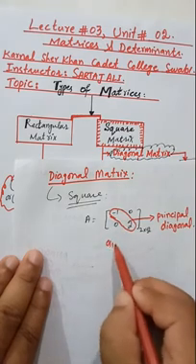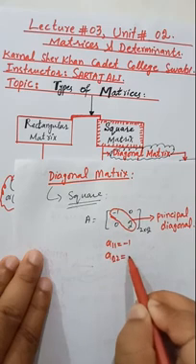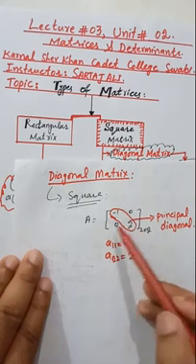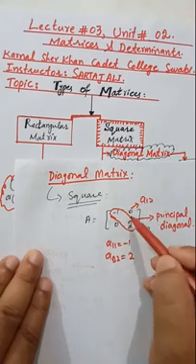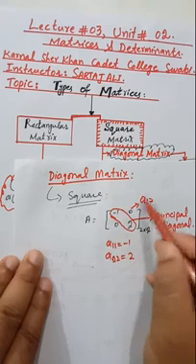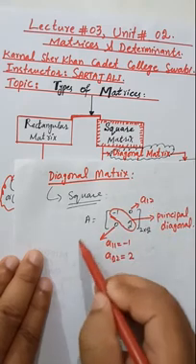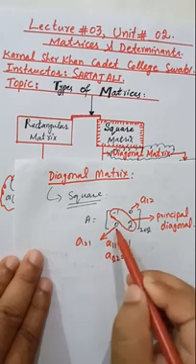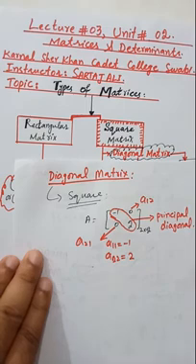Here a11 is equal to -1 and a22 is equal to 2, and the rest of the elements are 0. This element is a12, which lies in the first row and second column, and this is a21 because it lies in the second row and first column.